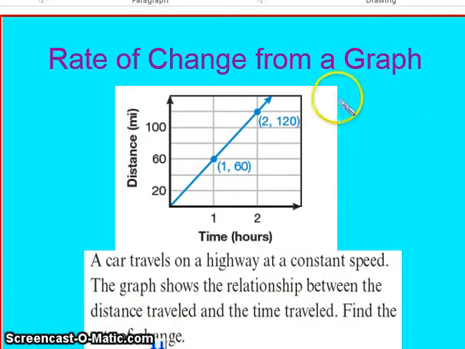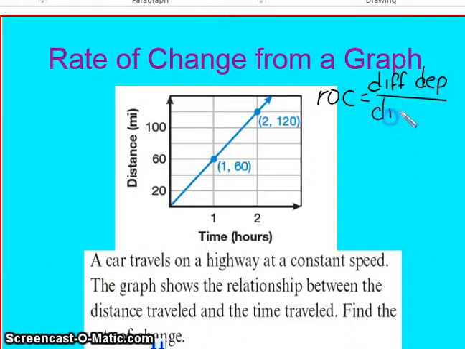Now, in order to find the rate of change, RC, we're going to need to divide the difference in the dependent variable by the difference in the independent variable.